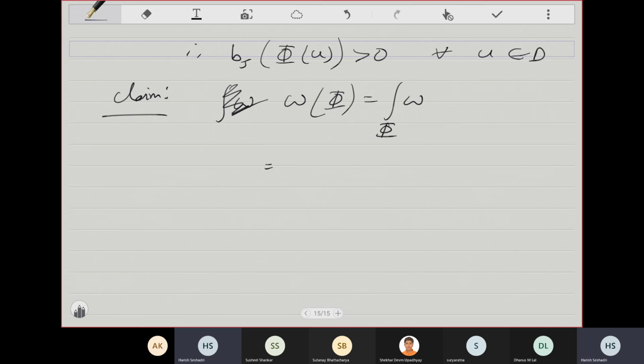Now, this one, if you go by definition, it will be the summation of Bi of phi, and then the Jacobian of phi I. And this integral is over D.